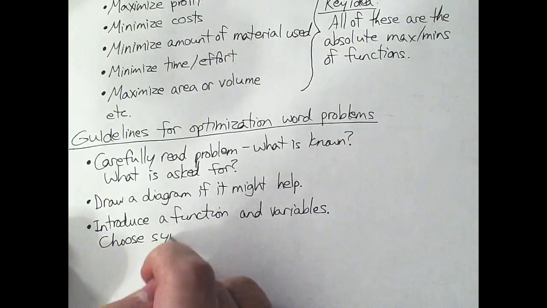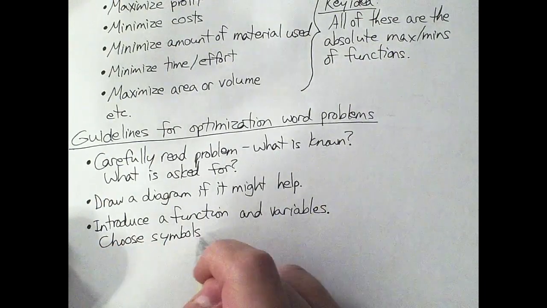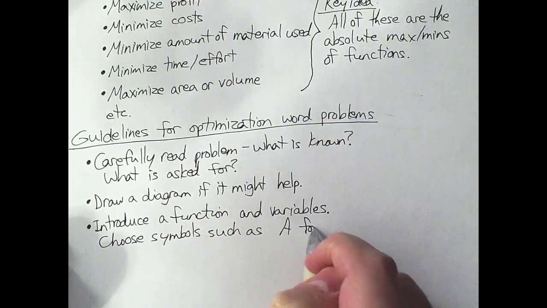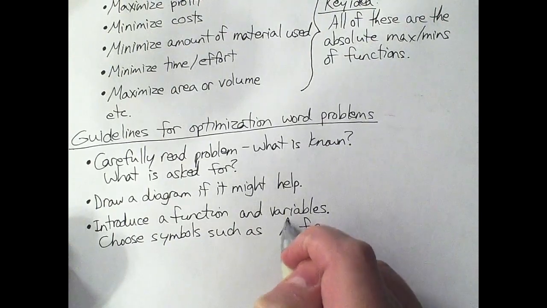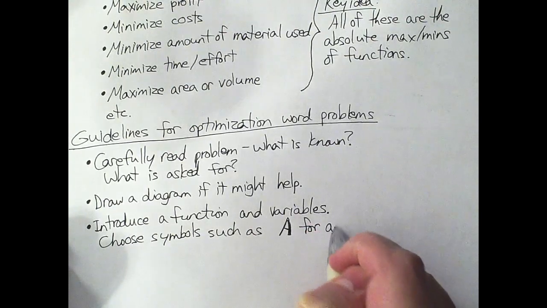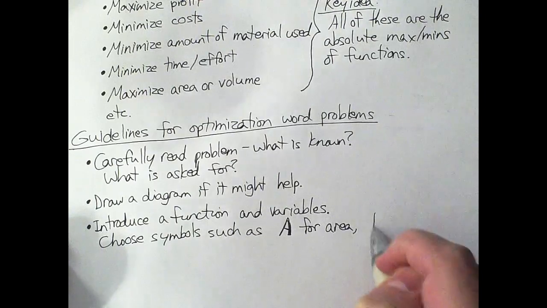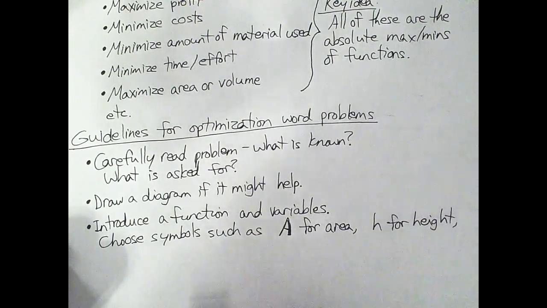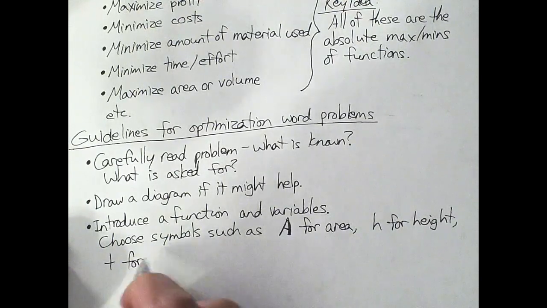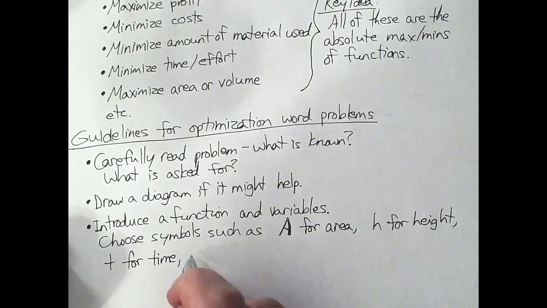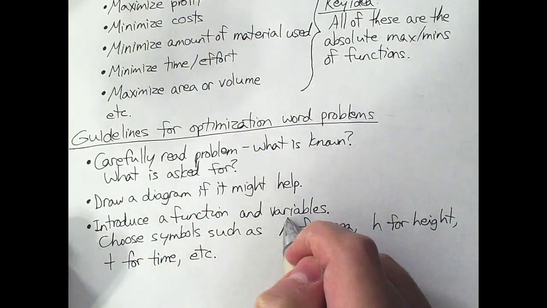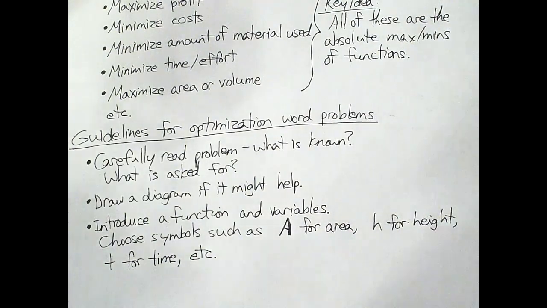Choose symbols such as A for area, H for height, T for time, etc. Things that make it easy for you to keep track of things and make it easy for someone like me to understand what you came up with.